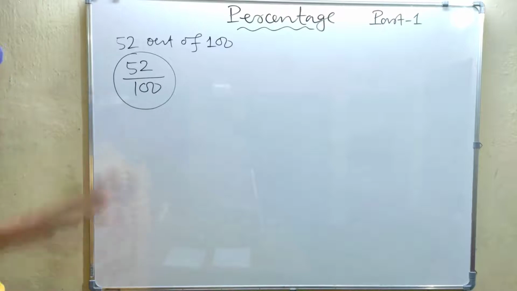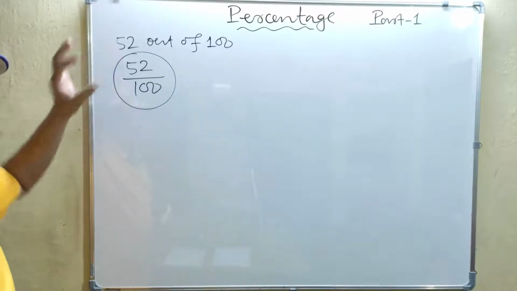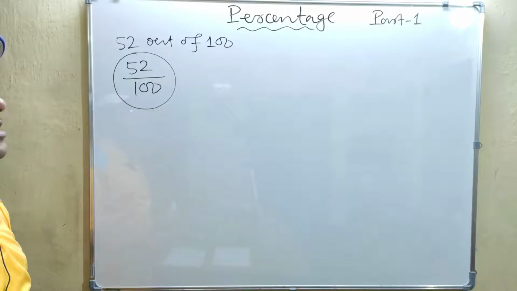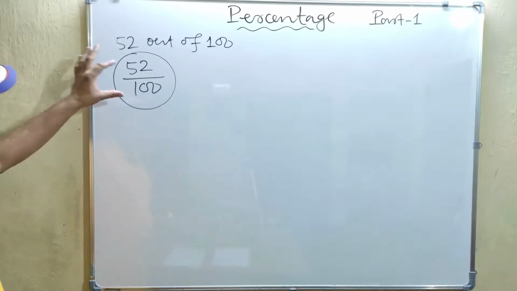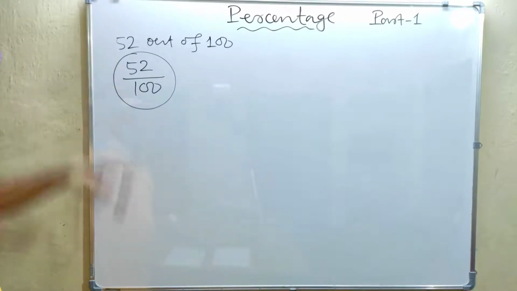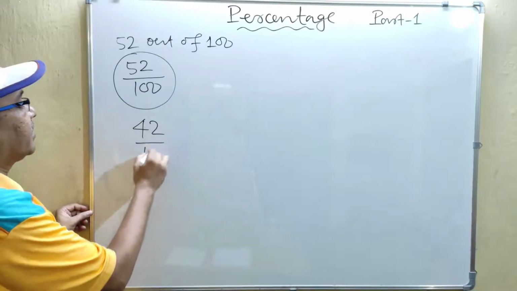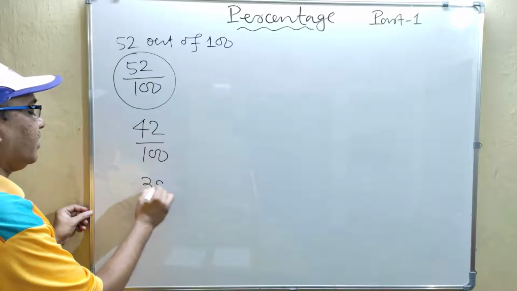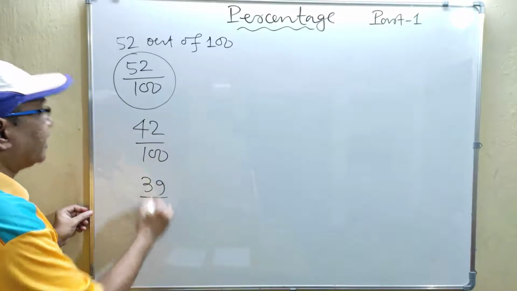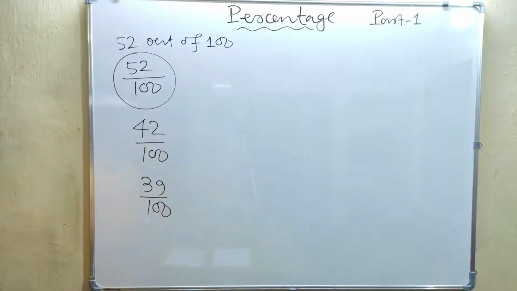This type of fraction, this is a fraction. We already discussed fraction in the previous chapters. So this type of fractions whose denominator is 100, denominator 100 means taken out of 100, are called percentage. 42 by 100, 39 by 100, these type of fractions are called percentage.